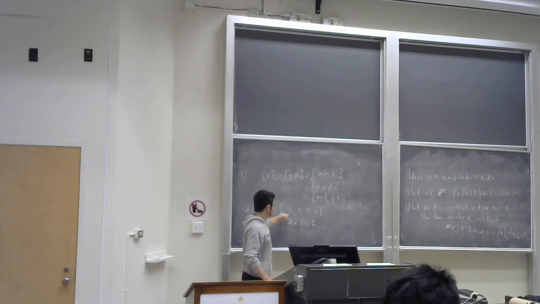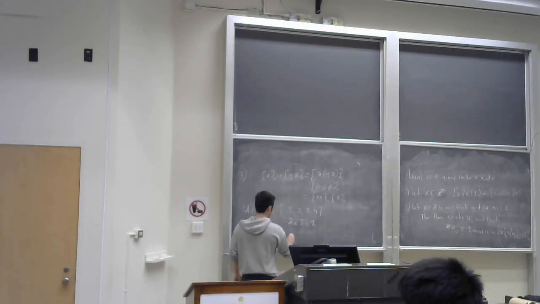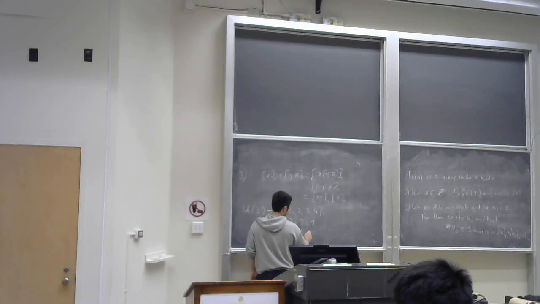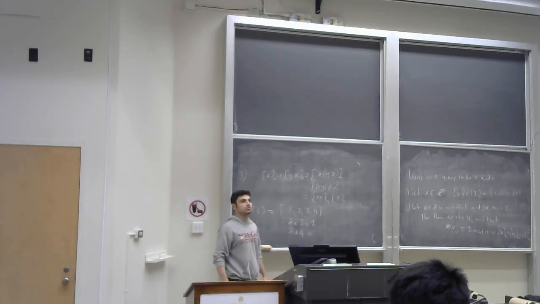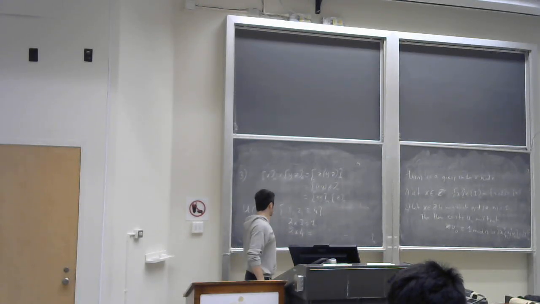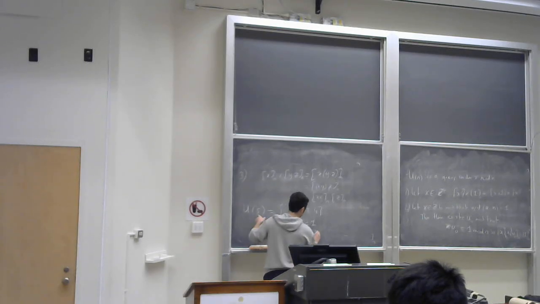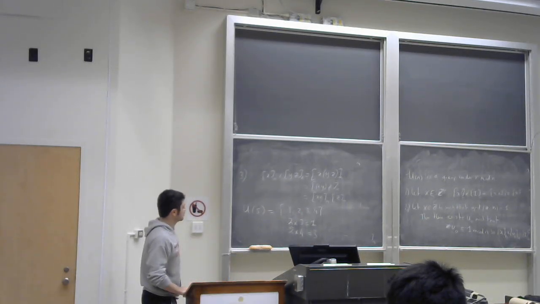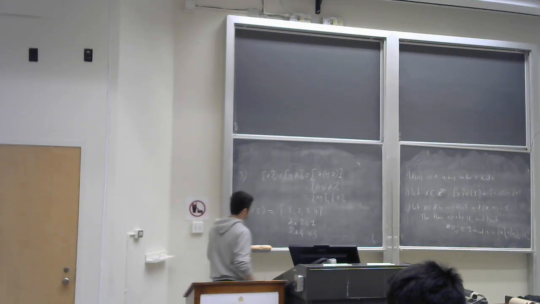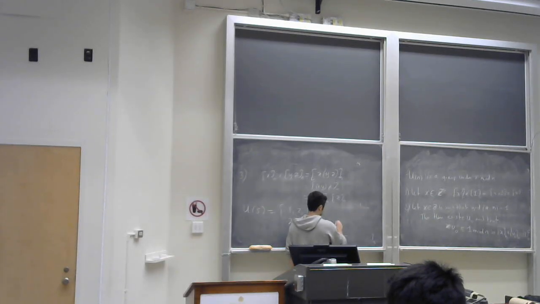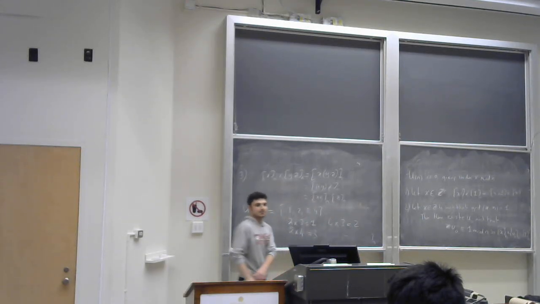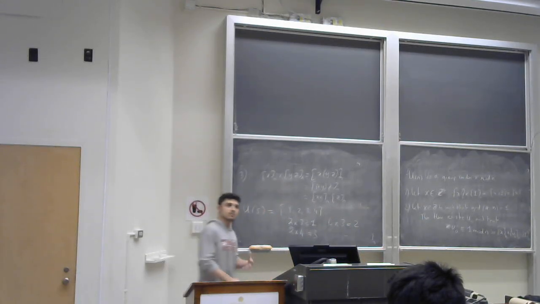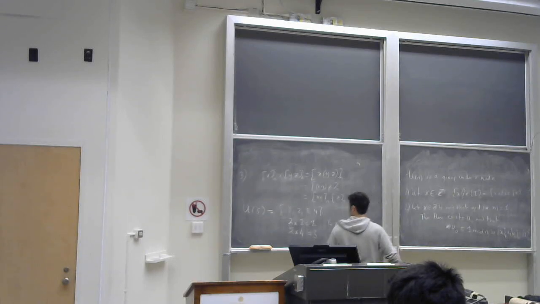We'll just be working with these classes. 2 times 4 is 8, which is equal to 3. 4 times 3 is equal to 12, which is equal to 2. Okay? Is that clear? Yeah, should be clear.